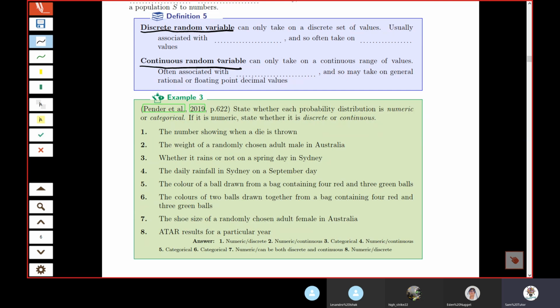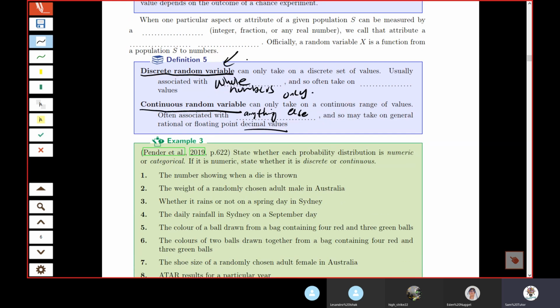So what we're trying to say is discrete can be whole numbers only, whereas continuous ones are often associated with anything else, usually decimal values or fractions. Discrete random variables would be how many cars you have, how many tails when you flip a coin, and so on.